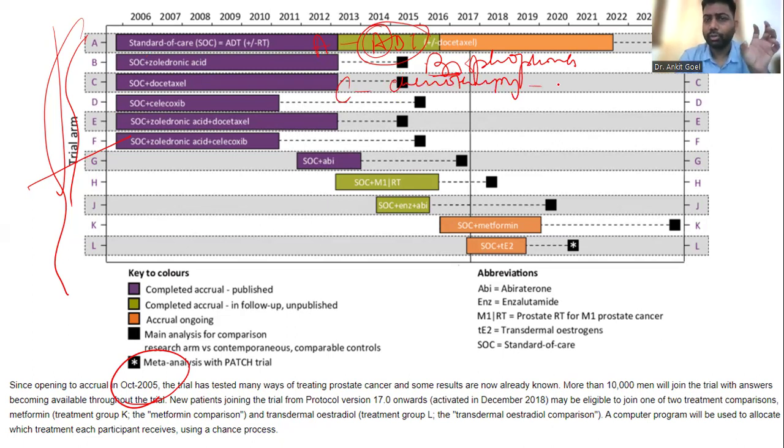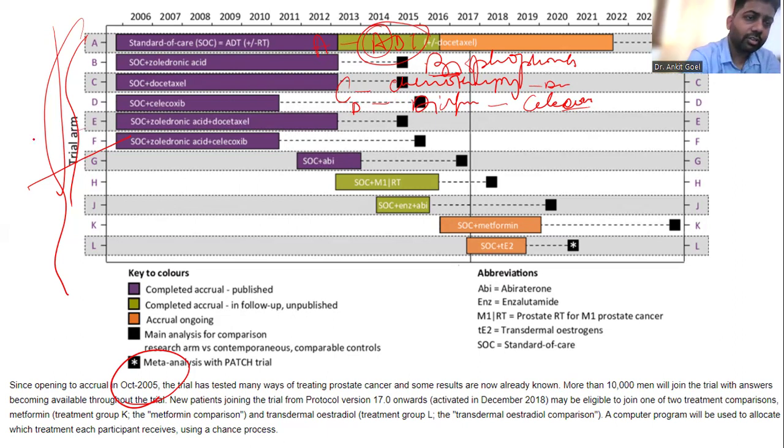So we remember the group of the drugs, and that way we can remember which arm contains which comparison. Randomization becomes easy once we understand the content of each arm. So docetaxel was in arm C, because C is for chemotherapy. Arm D, to remember, is the diclofenac group of drugs, that is NSAIDs, that is celecoxib.